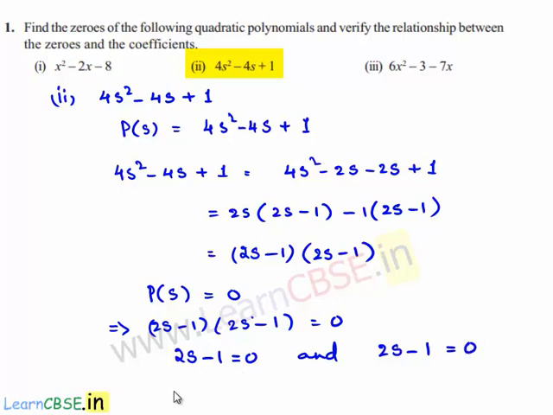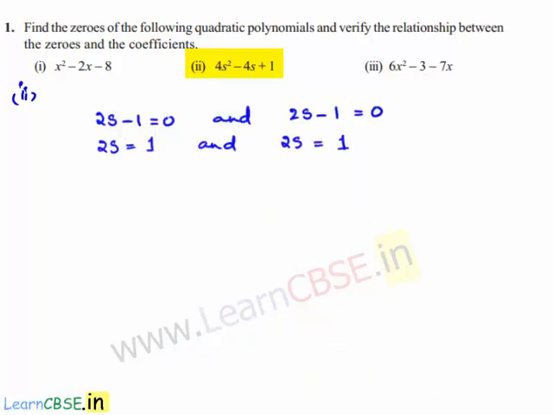Transposing minus 1 to right hand side, we will be getting 2s is equal to 1, and in the similar manner here also we will be getting 2s is equal to 1. Therefore s is equal to 1 by 2 and s is equal to 1 by 2. The zeros of the polynomial are 1 by 2 comma 1 by 2.